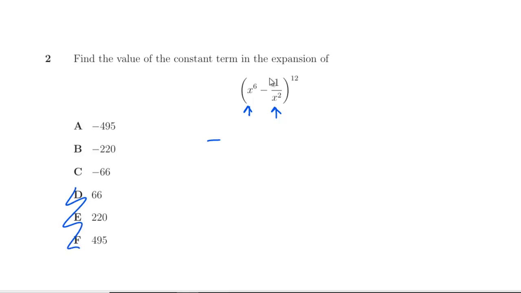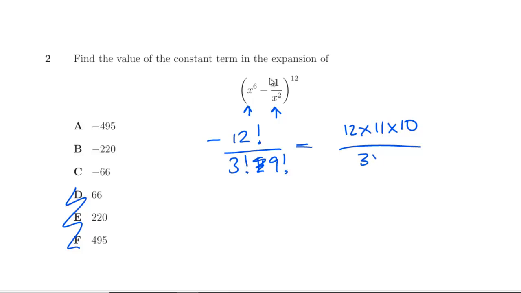And then we're going to be doing 12 factorial over 3 factorial, 9 factorial. So what's that going to be? 12 times 11 times 10 over 3 times 2. So 4, 5, so 20 times 11, minus 220.